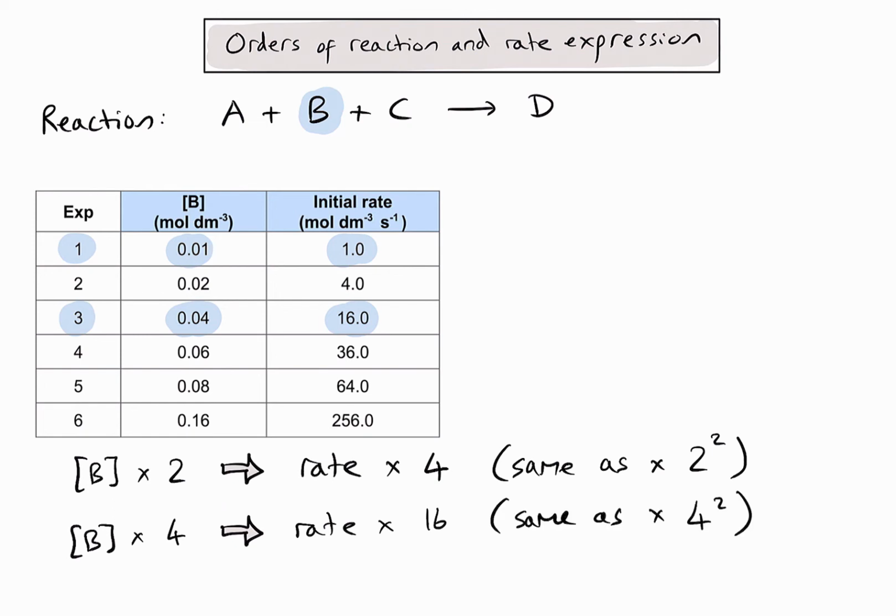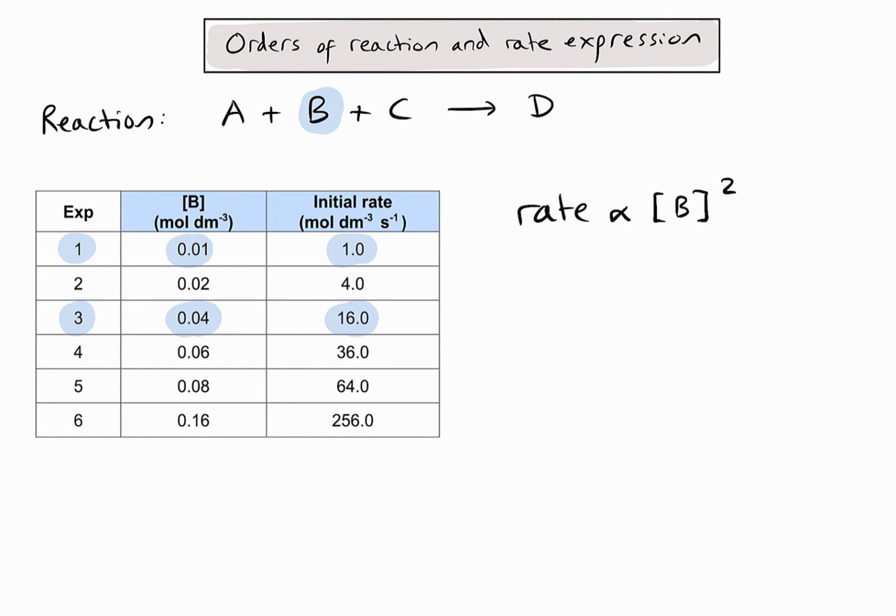So for reactant B, it looks like the rate is proportional to the concentration of B to the power of 2. Again, I can change that proportional sign to an equals and adding a constant. And in this example, because rate is proportional to B squared, we would say that the order of reaction with respect to reactant B is 2, or I could say it is a second order reactant.